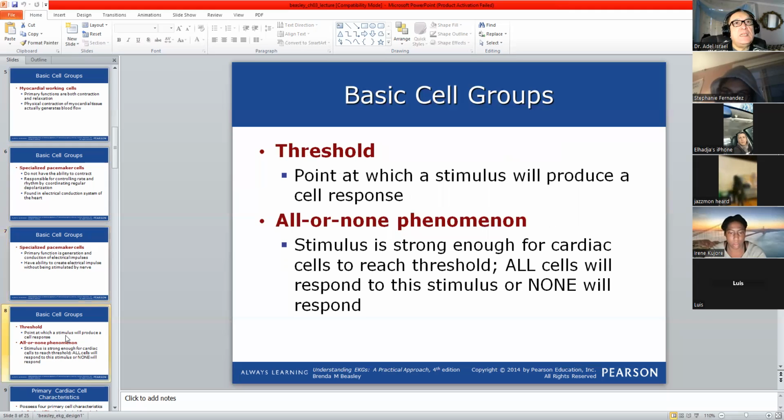But what is the phenomenon we need to know? We need to know that there is a threshold. What is the threshold? Threshold means the minimum stimulus necessary for the heart to contract. I gave this example many times before: what is the wage for a medical assistant job, for example?